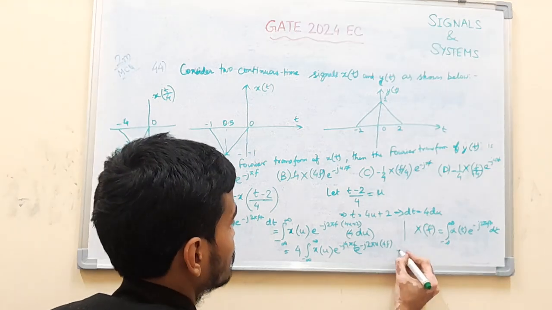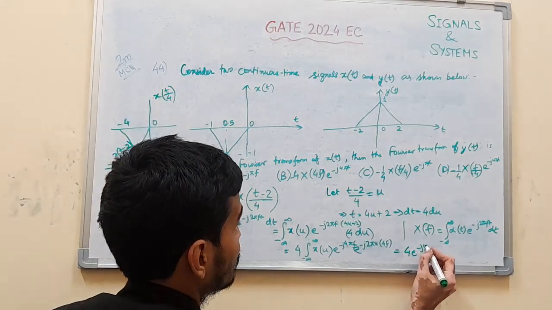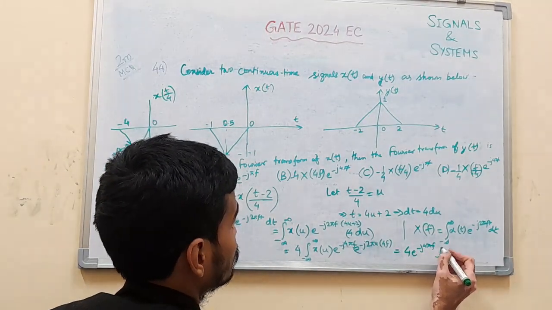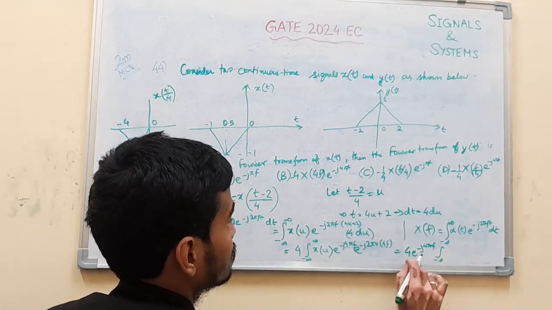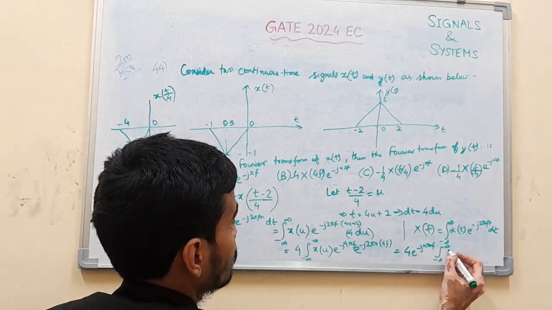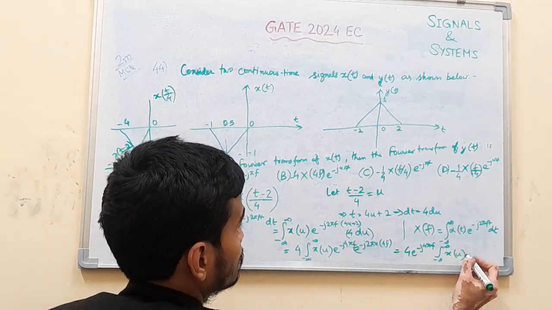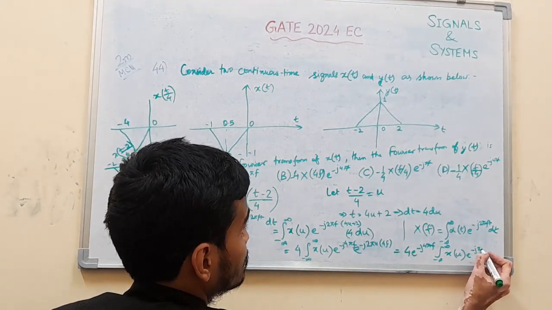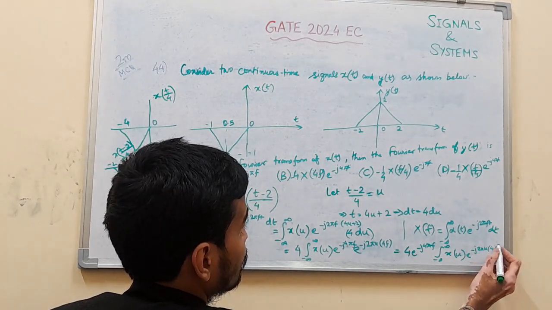So if you take 4 e to the power minus j 4 pi f outside, you get the integral from minus infinity to infinity of x of u e to the power minus j 2 pi u into 4f.